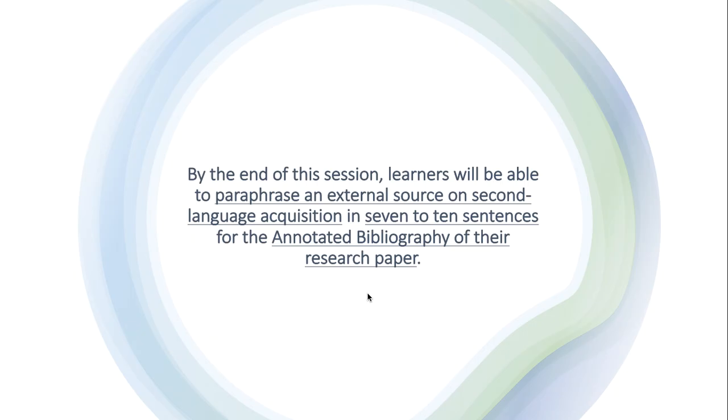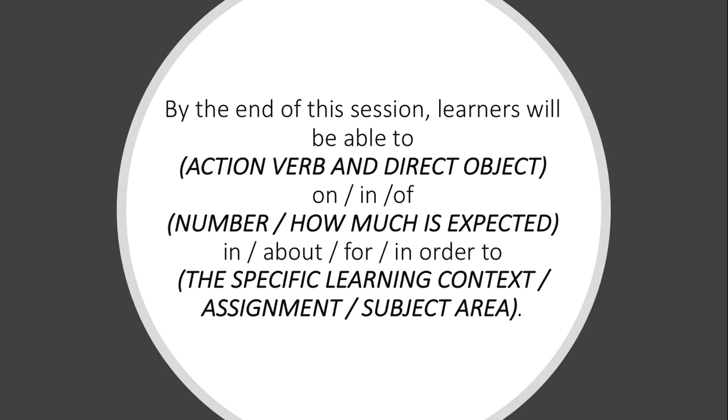Let's look at another example. By the end of this session, learners will be able to paraphrase an external source on second language acquisition in 7 to 10 sentences for the annotated bibliography of their research paper. Let's look back. They'll be able to paraphrase.